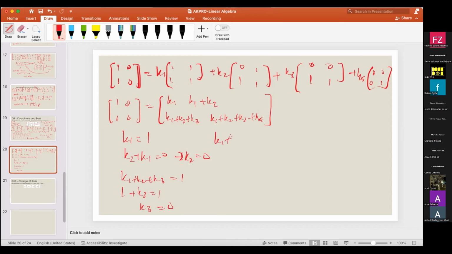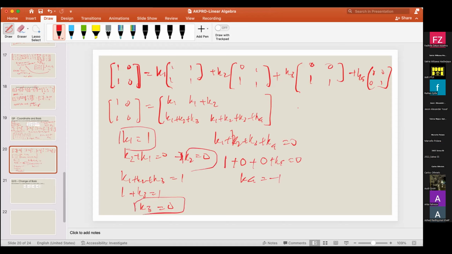And K1 plus K2 plus K3 plus K4 from this cell equals 0, so 1 plus 0 plus 0 plus K4 equals 0. Therefore, K4 is -1.